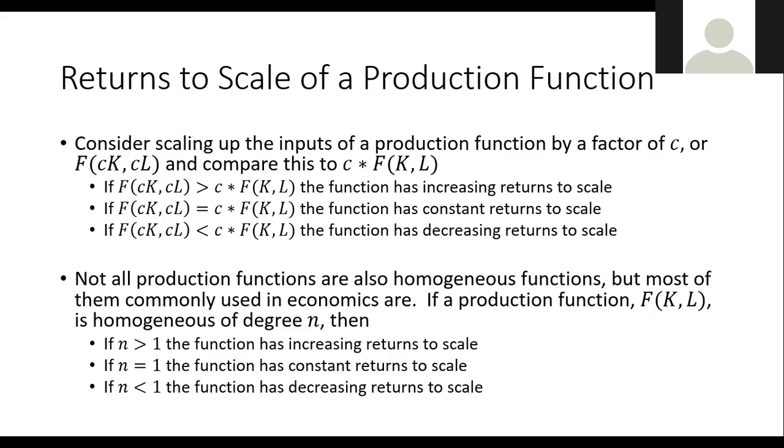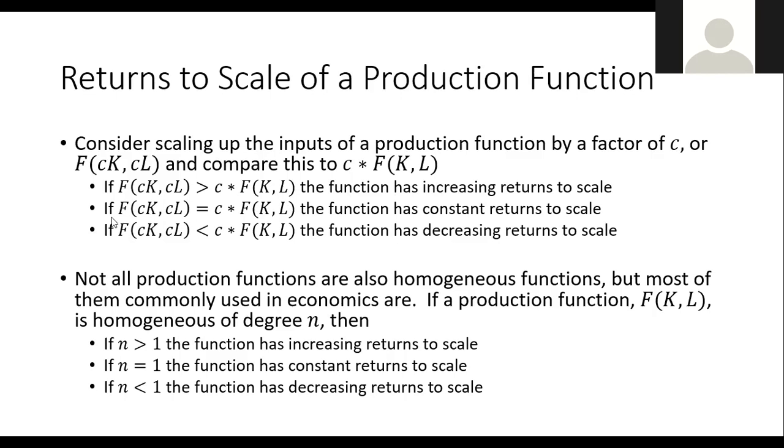It's one where you're able to find new ways of utilizing your capital and labor the bigger you get, and you can produce even more as you grow. That's called increasing returns to scale.